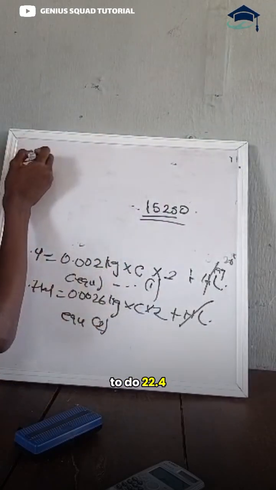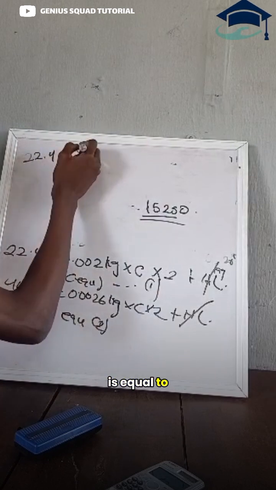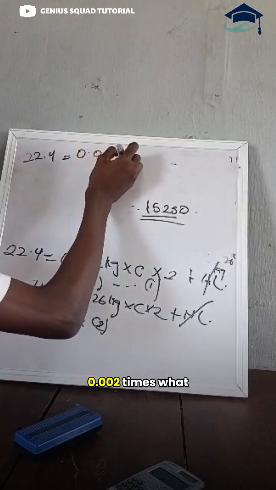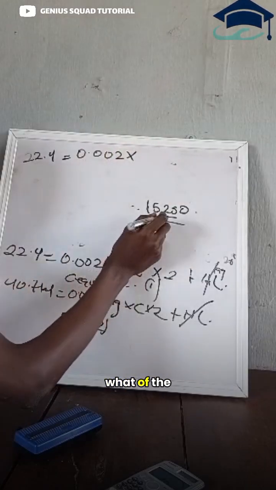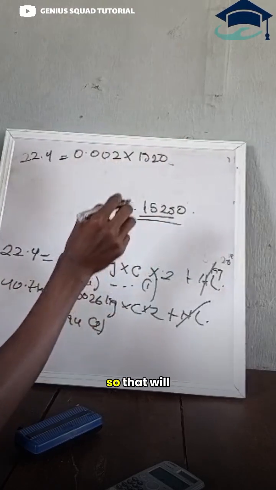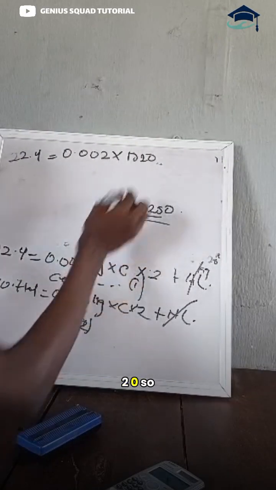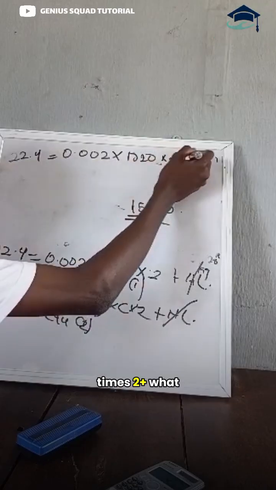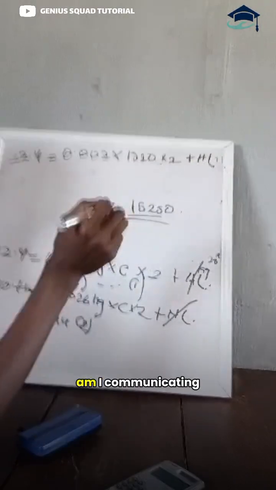So I'm going to do 22.4 is equal to 0.002 times the C that I've gotten, 1520, times 2 plus HL. Am I communicating?